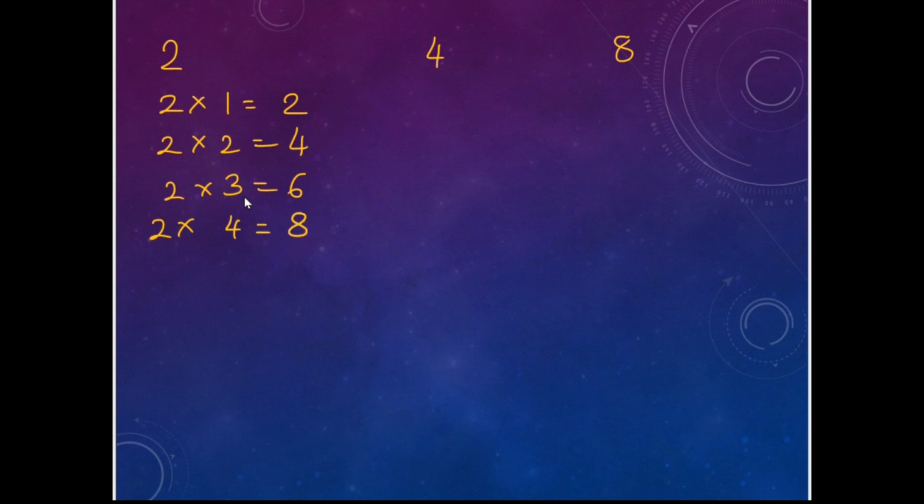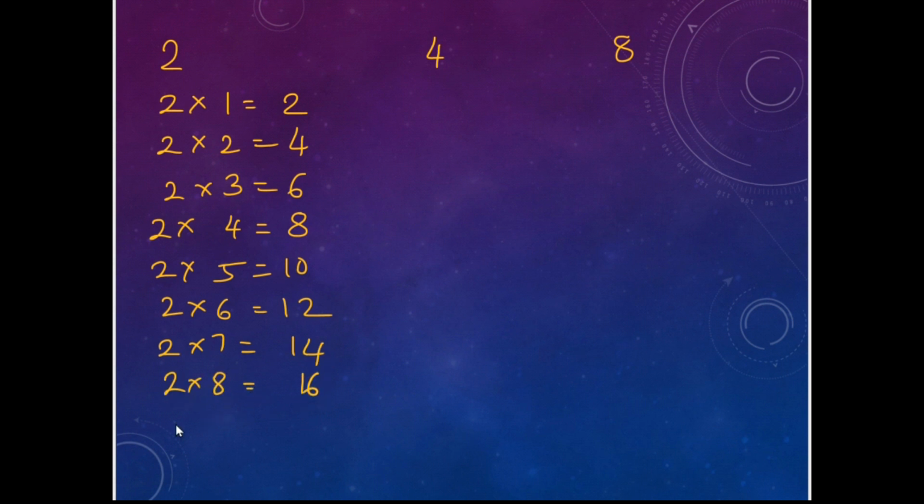So before that, I'll just write down the table of 2 for you all. 2 times 5 is 10, 2 times 6 is 12, 2 times 7 is 14, 2 8s are 16, 2 9s are 18 and 2 10s is 20.